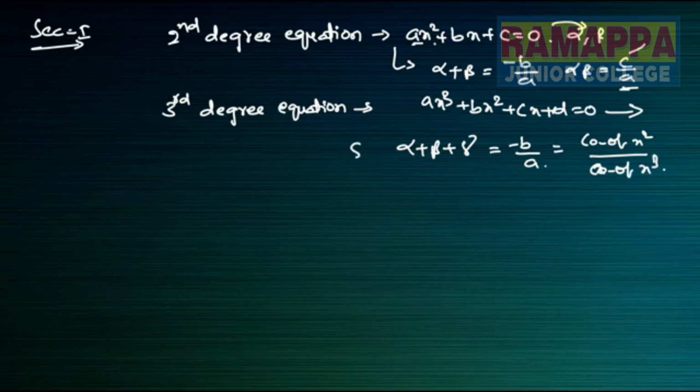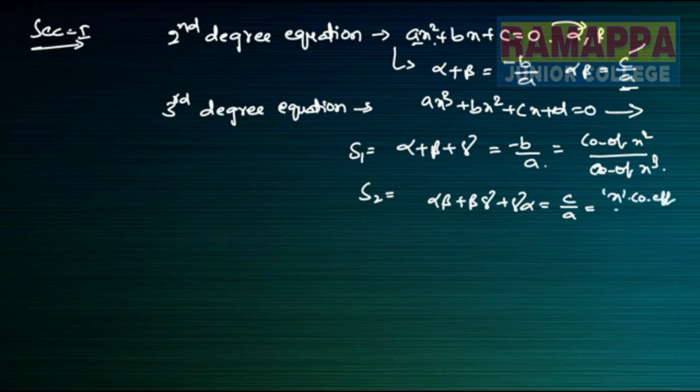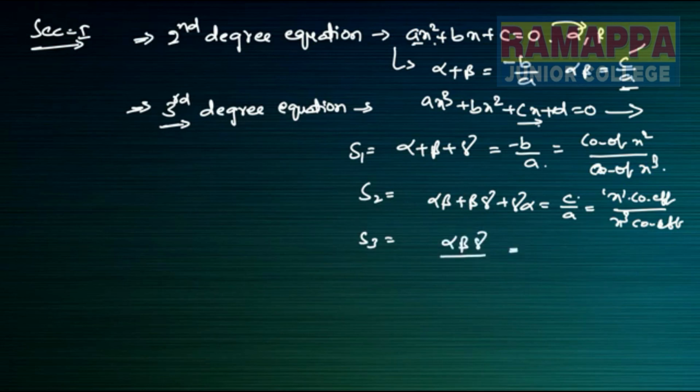Next, s1 is this sum, and s2 is the second term: alpha beta + beta gamma + gamma alpha = c/a, that is, the coefficient of x divided by the coefficient of x³. Then s3 is the product alpha beta gamma, which becomes -d/a.